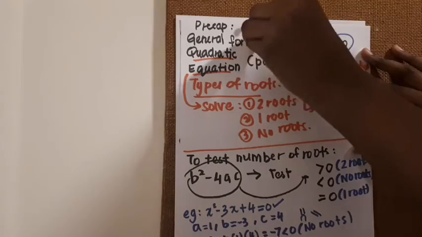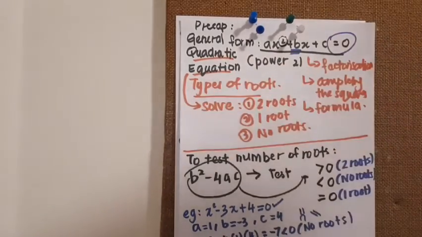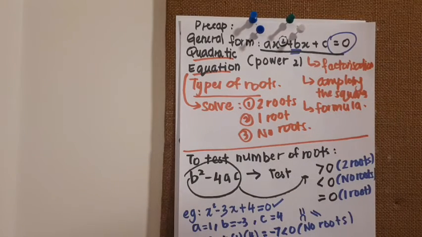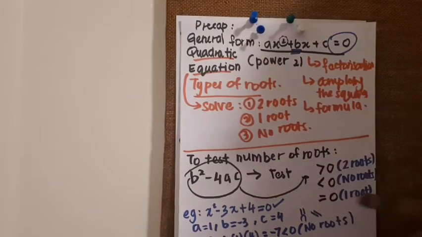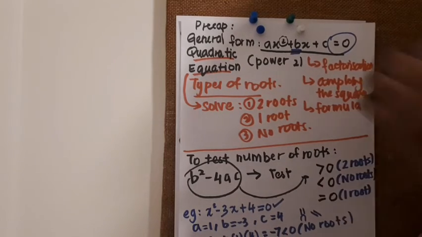Because when you go on to higher learning, in mathematics or physics, you will learn that there are two types of numbers, real and imaginary. You don't have to know about imaginary numbers right now, but we do have real and unreal numbers, so when we write the roots, we stress the real part.